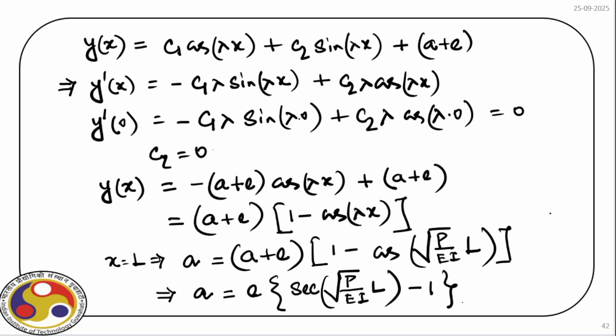Right. So we get the expression of maximum deformation at the top, that is at x equal to L, and now we can find out the maximum moment. So maximum moment Mmax is equal to what?